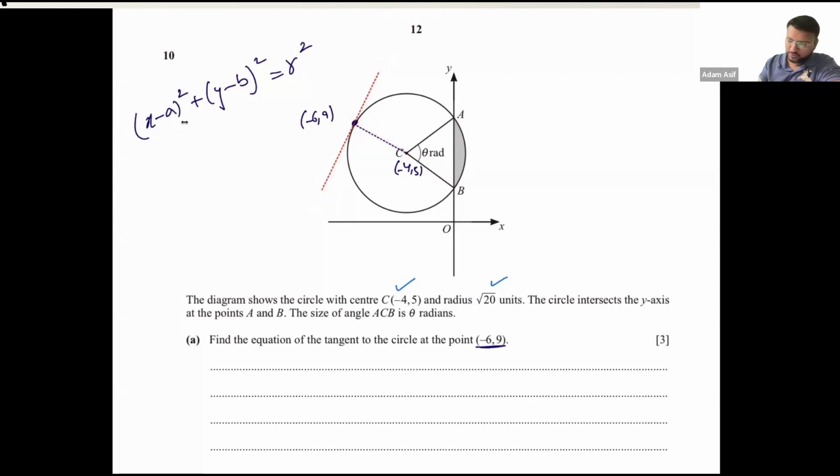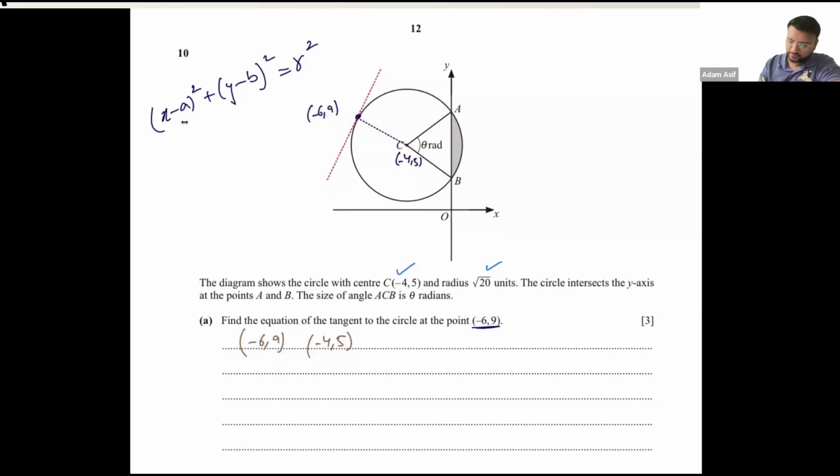Okay, so the working would be: I have the two points (-6, 9) and (-4, 5). Find the gradient: y2 minus y1 over x2 minus x1, which is minus 2.